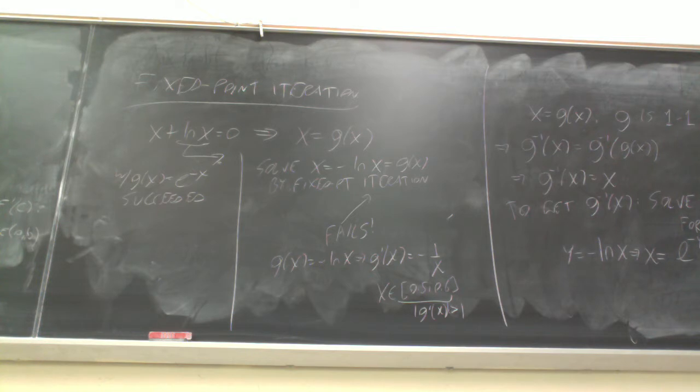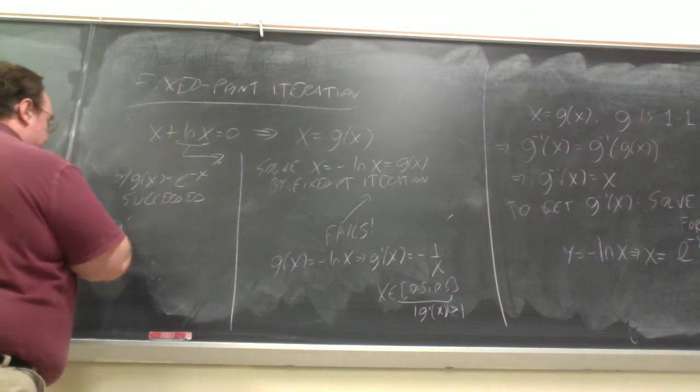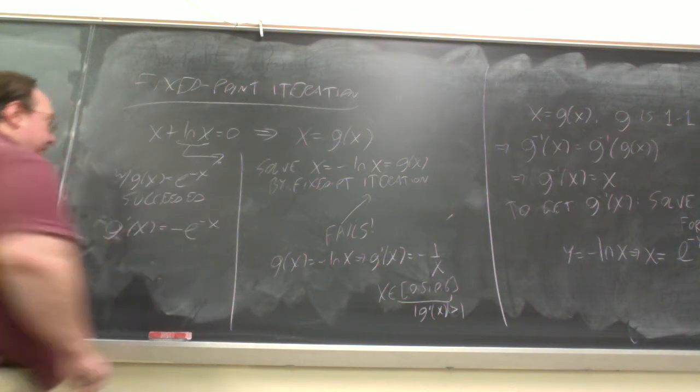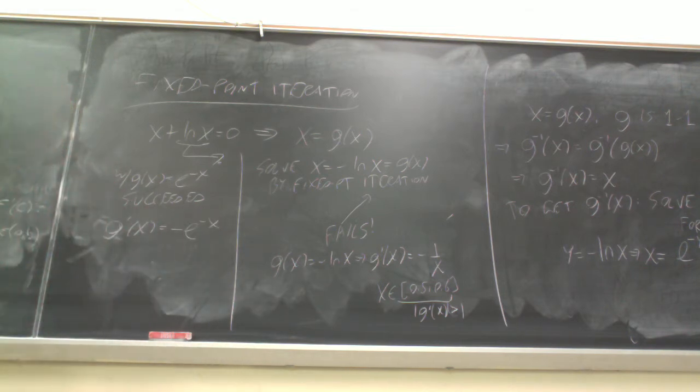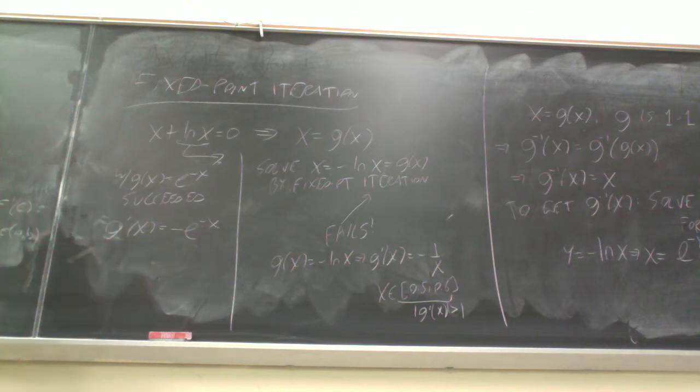On the other hand, with the other g of x, e to the minus x, g prime is minus e to the minus x. Now, when we have a negative exponent for an exponential function, then the value is going to be less than 1.